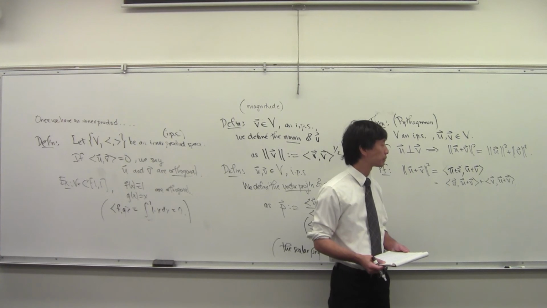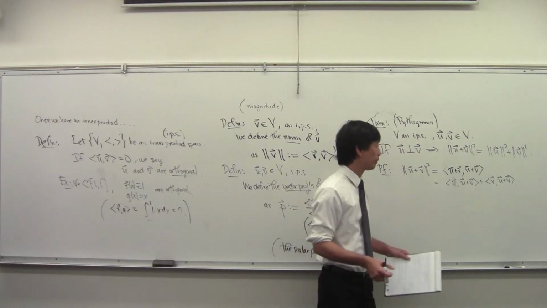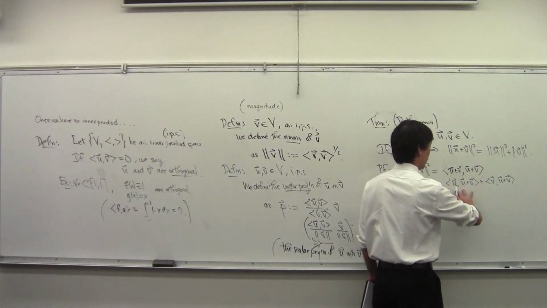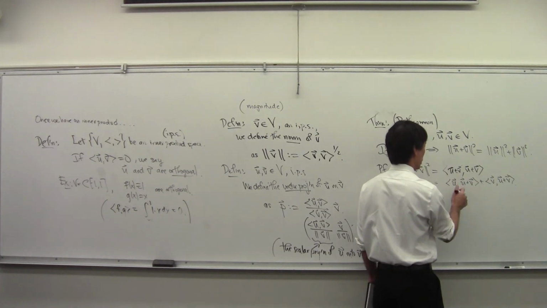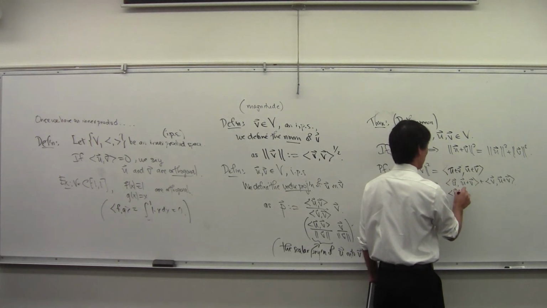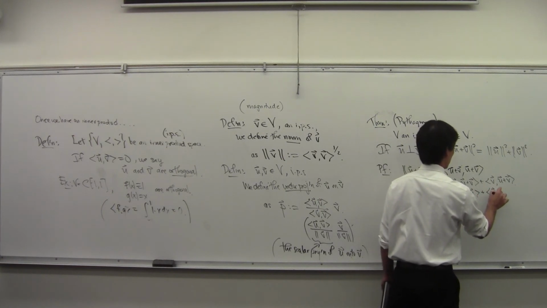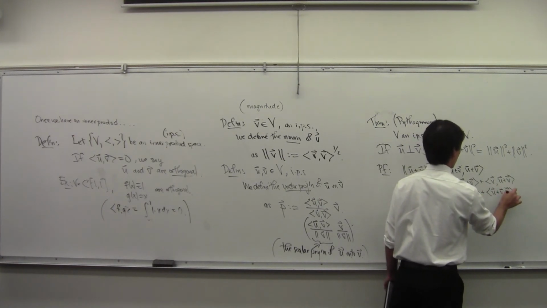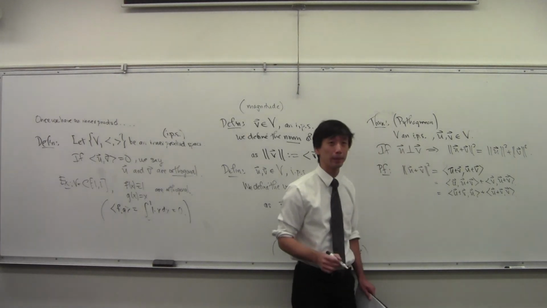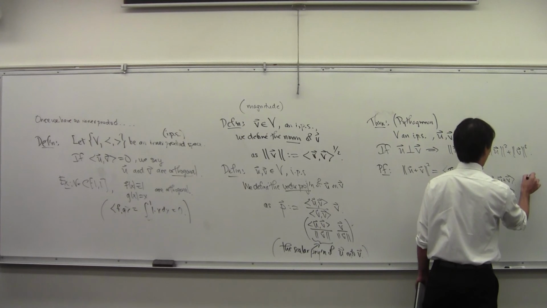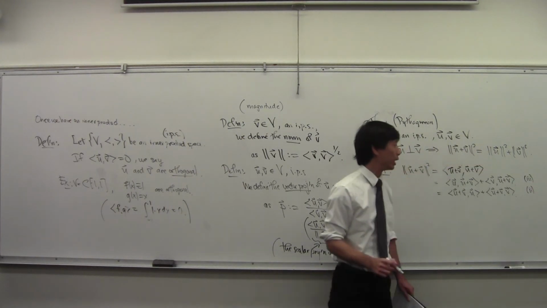We also have commutativity, so we can switch the order. This is using property 3 of inner products, and this is using property 2 of inner products.